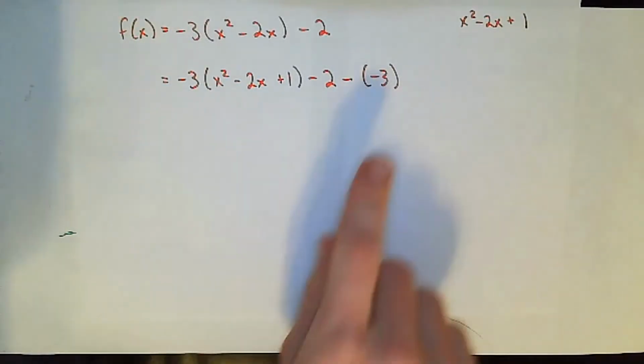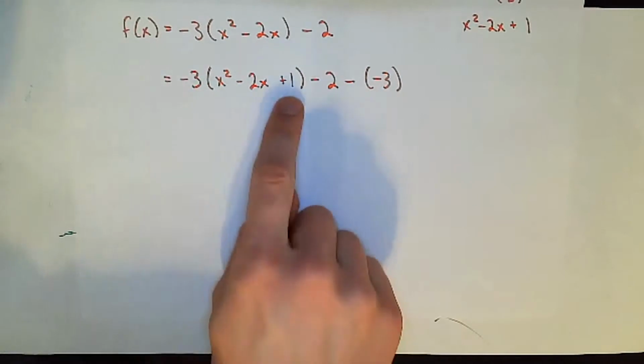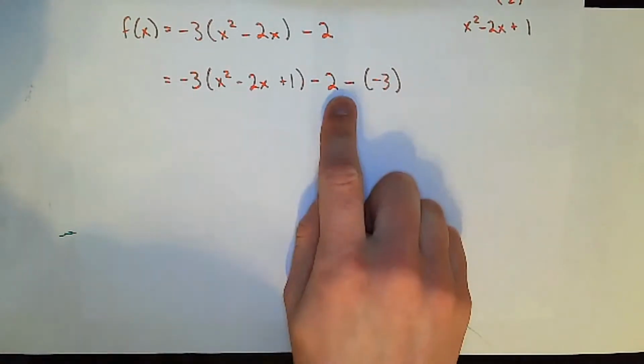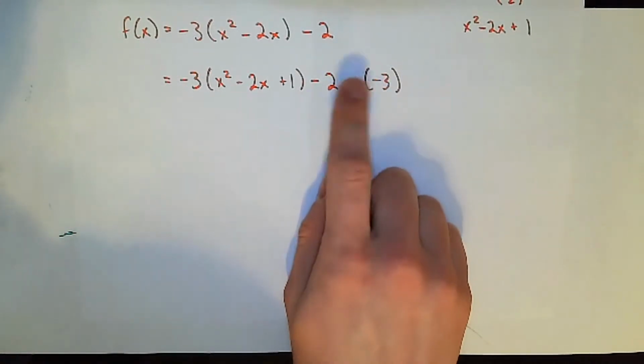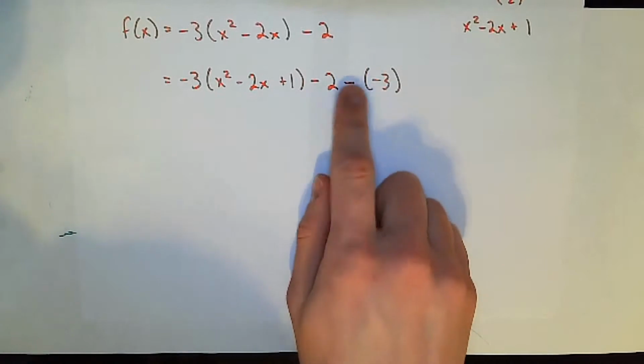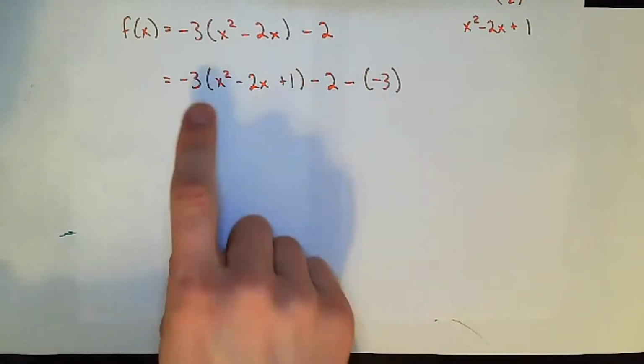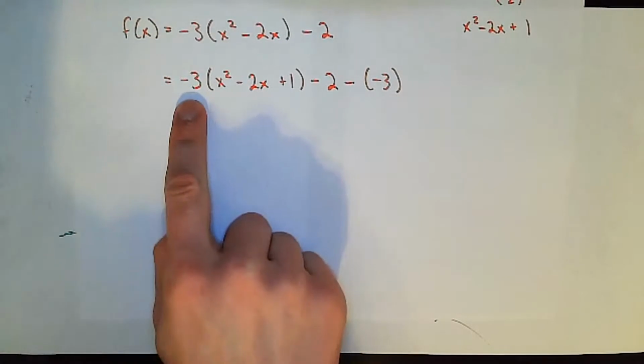You see that? That negative 3 is coming from negative 3 times 1 there. And I'm still subtracting. So that means, yes, it is going to be an addition. In the end, this 3 is going to end up being added out here. It's just a consequence of this front term being negative.